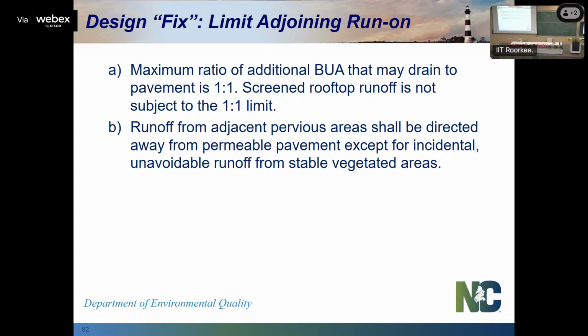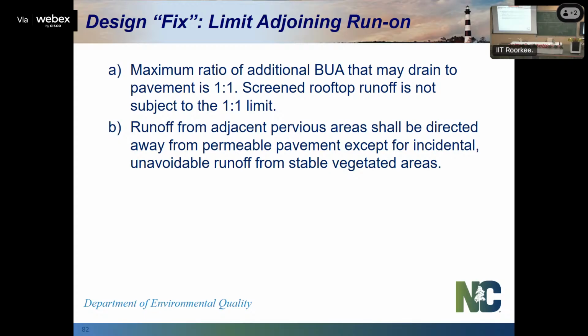Okay? So if your permeable pavement is 1,000 square meters, you can, in total, have another 1,000 meters run onto the permeable pavement. And the reason that number was chosen was because it was a balance between trying to get as much water as we can to the permeable pavement and the likelihood of maintenance. All right. So if you knew that you were going to have significant maintenance every month, then maybe you can have your run-on ratio become bigger.